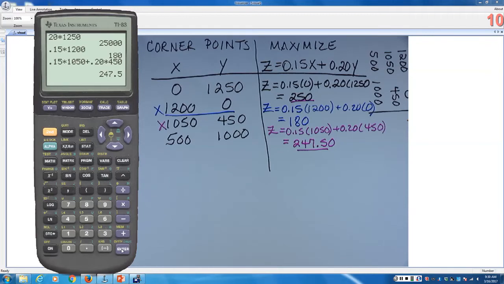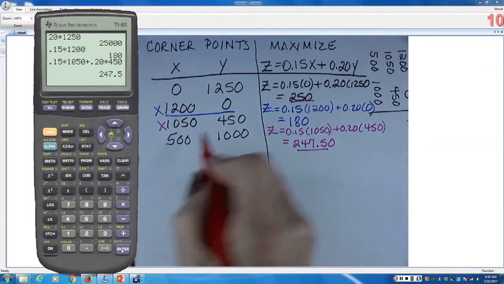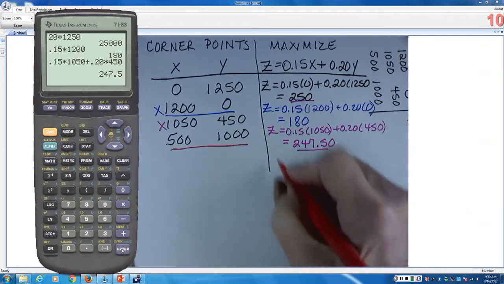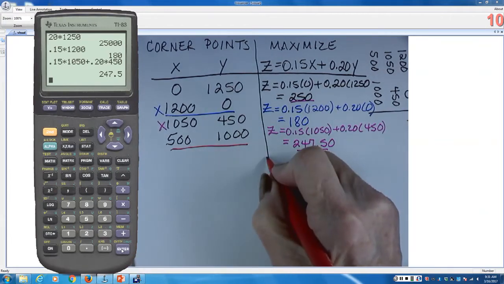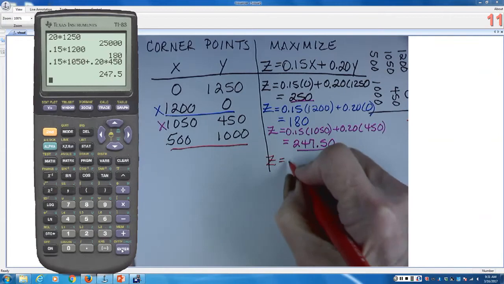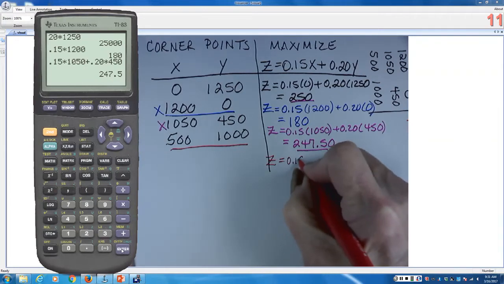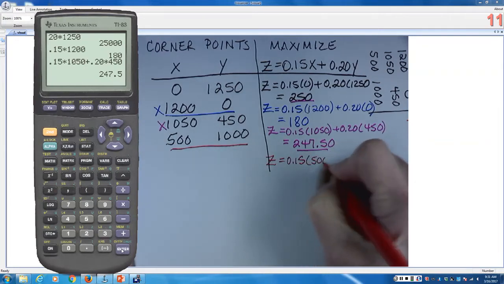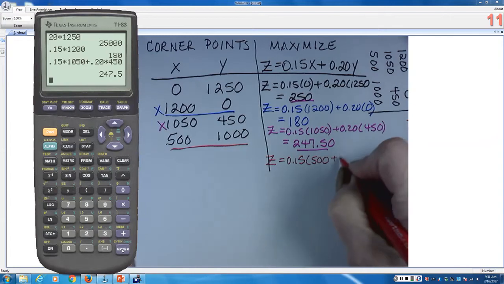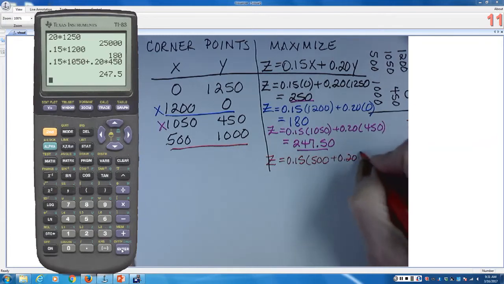So we only have one more point to check out. The last one that we're going to check out is 500, 1,000. So that means we're going to plug in Z equals 15 cents times 500 plus 20 cents times 1,000.